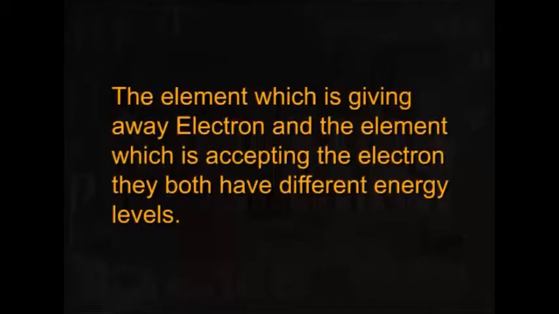However, since the elements of the electrode are different, their internal energy levels are also different. The element which is giving away electron and the element which is accepting the electron, they both have different energy levels.